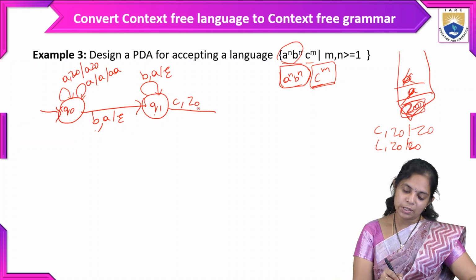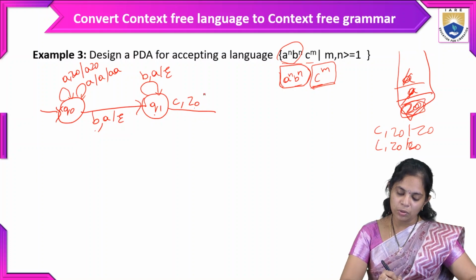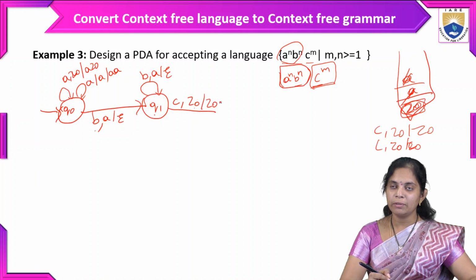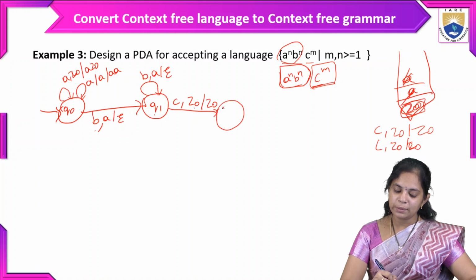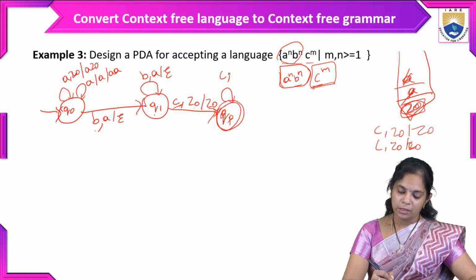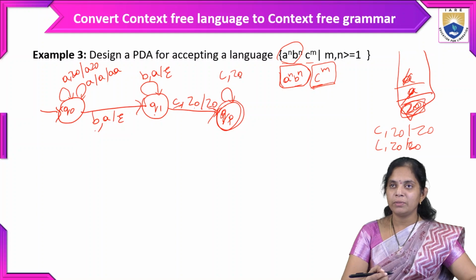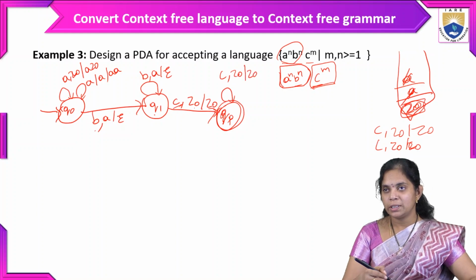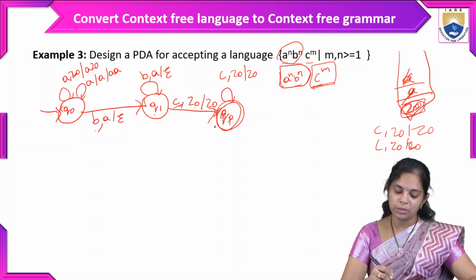That's why the top of the stack symbol is Z0, and we don't need to do anything while reading the C input symbol. Simply we need to reach the final state, QF. This is for one C, and for multiple C's, the top of the stack symbol is always Z0, and we do nothing. After reading the C input symbol, we need to be in the final state.